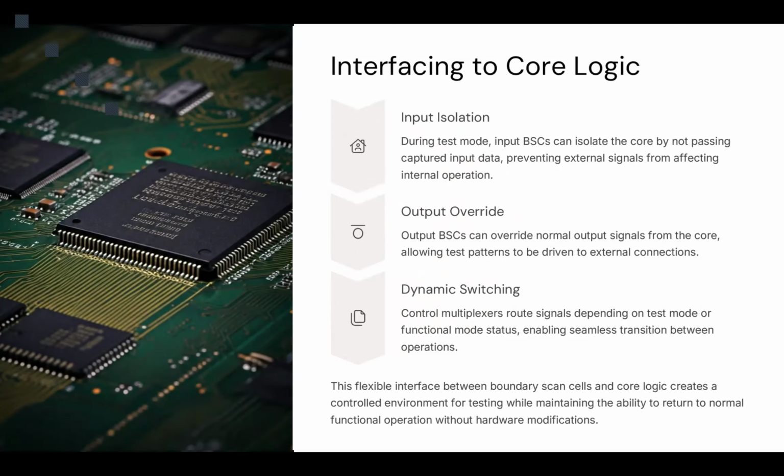Because they are between the pins and the internal logic, they give us a bidirectional interface, and we have to control it very carefully. Why? Because if we don't have it under control, it could interfere with the normal operation of the core logic. If we control it, we allow the test data to flow without corrupting the core logic behavior.